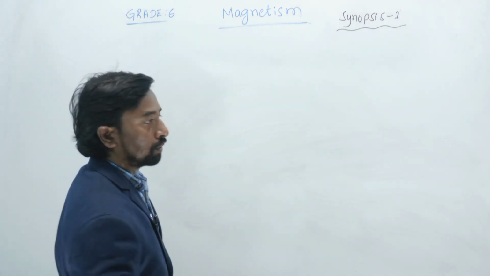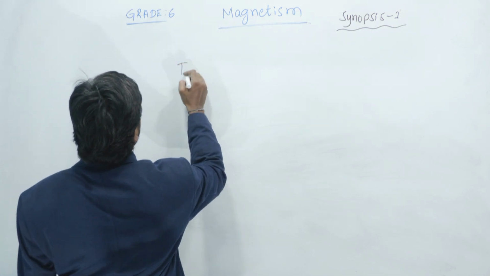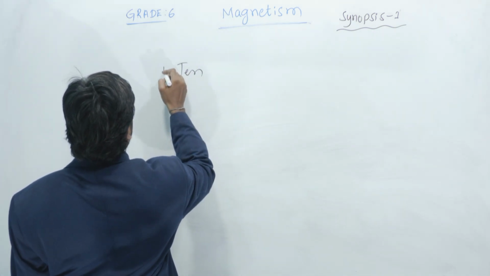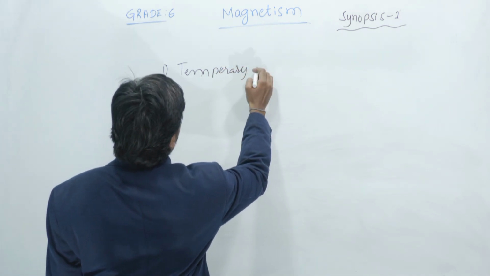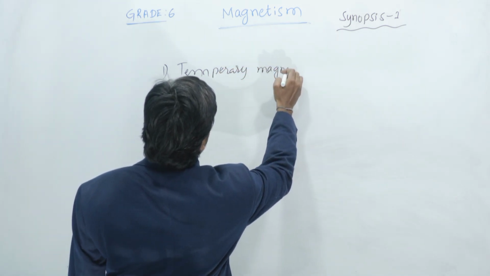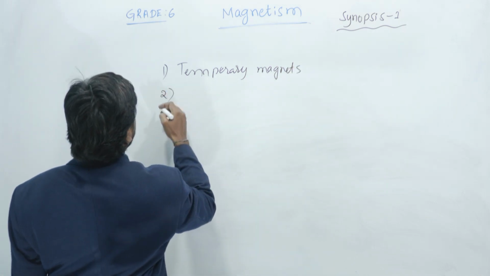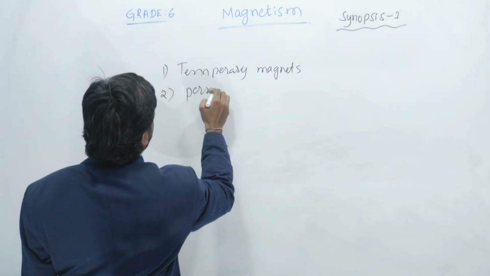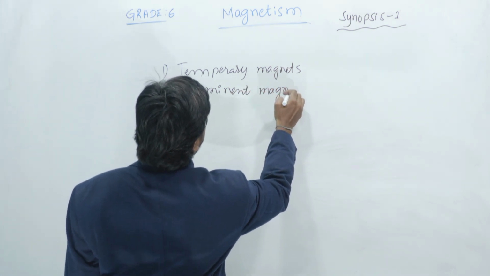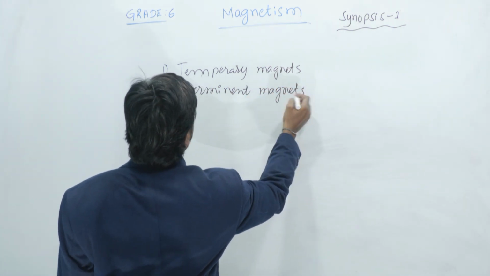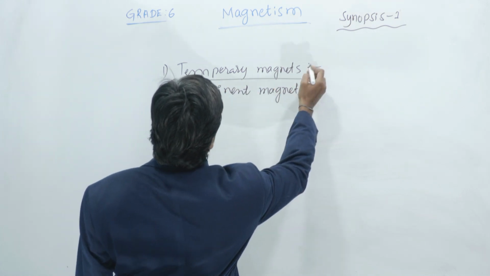We'll see now the types of magnets there. Temporary magnets, and the second one is permanent magnets.